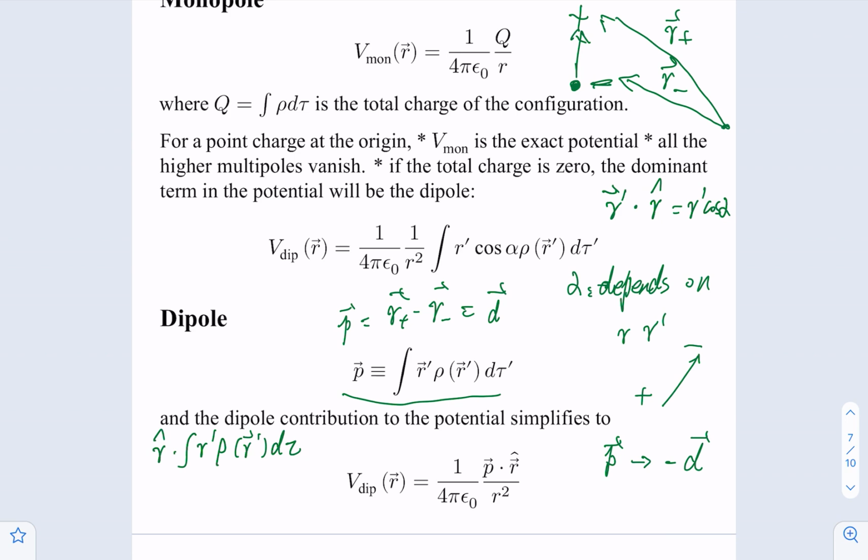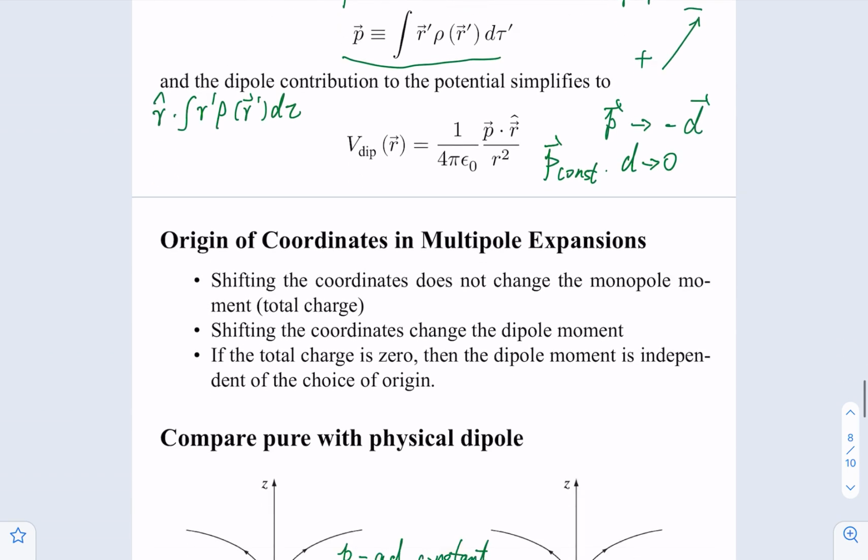And what I mean by point dipole is that here we can have two point charges that are separated by a separation vector, say d, and a point dipole really is keeping this dipole moment the same, but the separation distance goes to 0, and for this perfect point dipole, this dipole potential is exact.